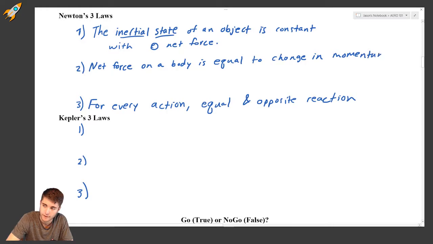Momentum, okay? And he calls this net force. He introduces this word force, and force then is a vector, is equal to the change over time of your momentum, which is just mass multiplied by velocity.